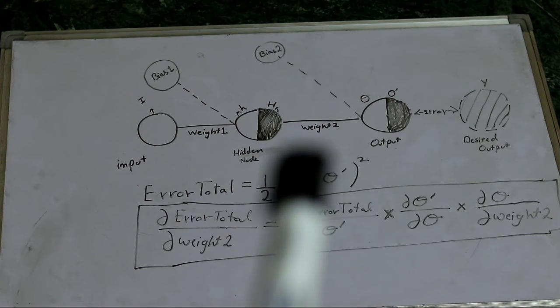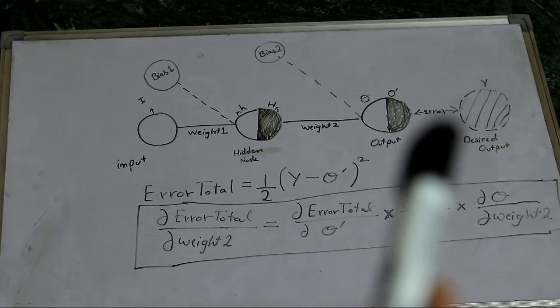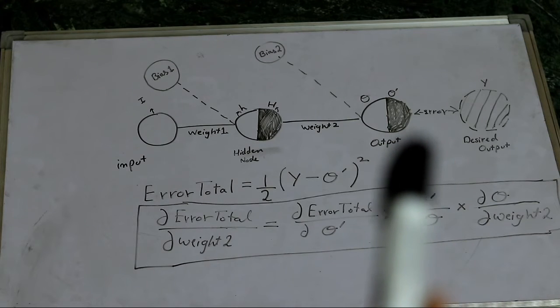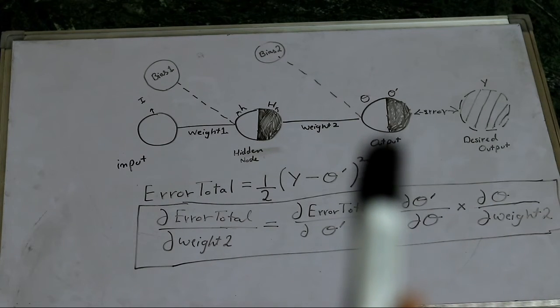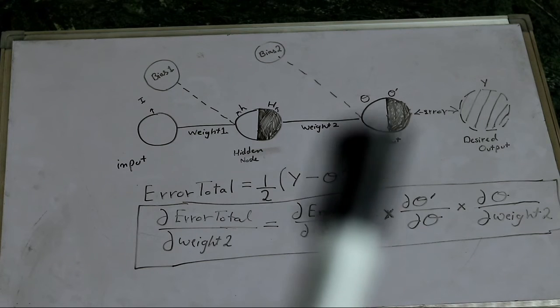You can see the error is not directly connected to the weight, but it is connected indirectly. The error is connected to the output, which is connected to the unactivated output, which is then connected to the weight.